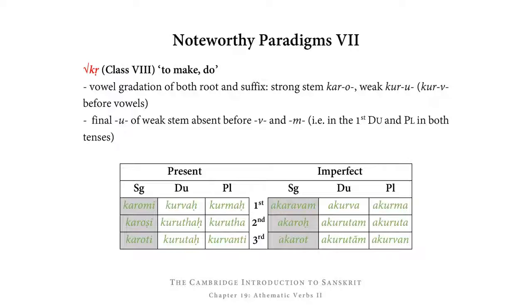Then in the dual akurva, again with the u at the end of the weak stem dropping out, akurva, akurutam, akurutam, and the plural akurma, again with the u at the end of the weak stem dropping out, so akurma, akuruta, and then a third person plural akurvan, where again in front of an ending beginning with a vowel, the u at the end of the weak stem kuru appears as kurv, so akurvan.